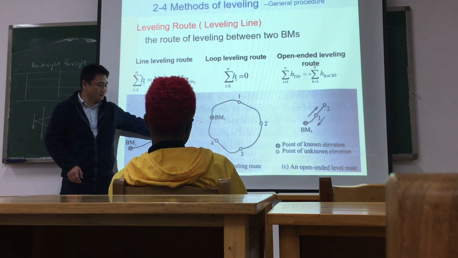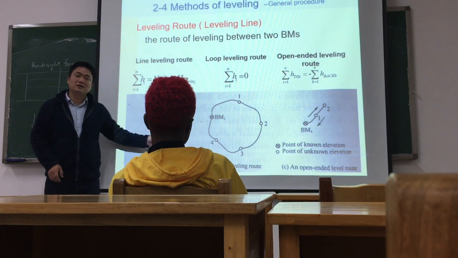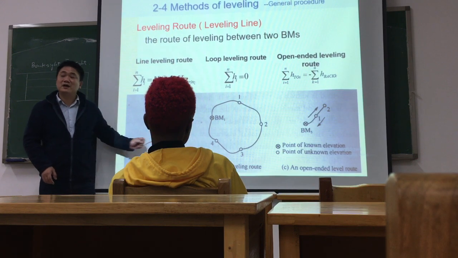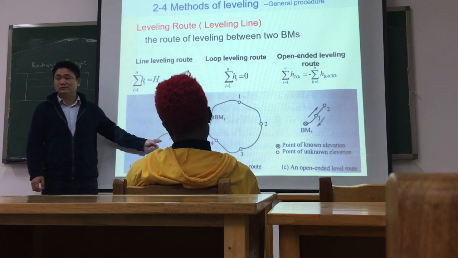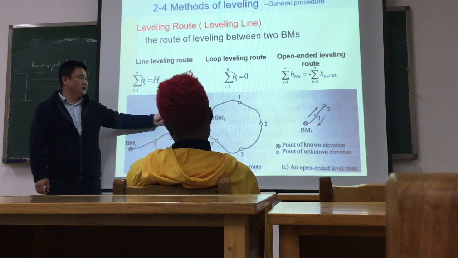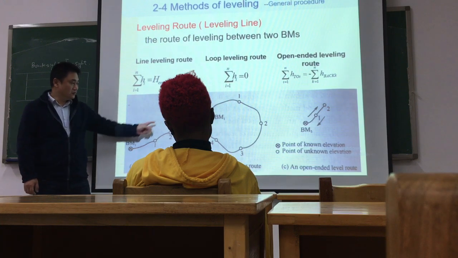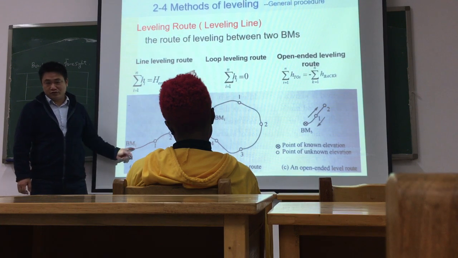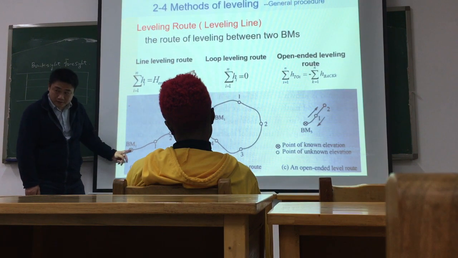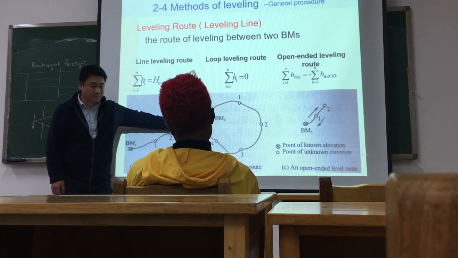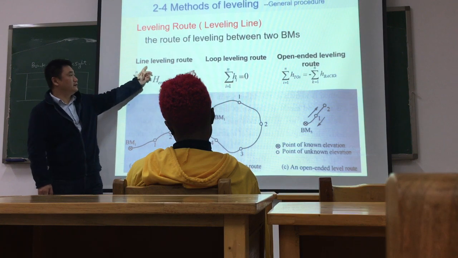And this is just a small circle. That means this point is a benchmark whose elevation we want to determine. It's unknown. And for these two with the circle and cross, the elevation is given. So from one given benchmark to another given benchmark, this route is a line leveling route.